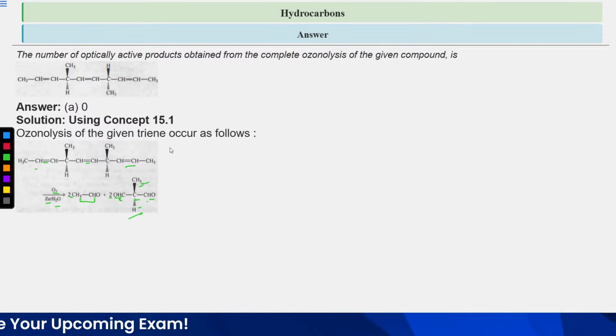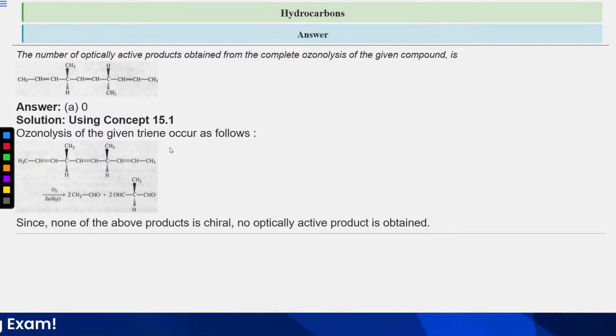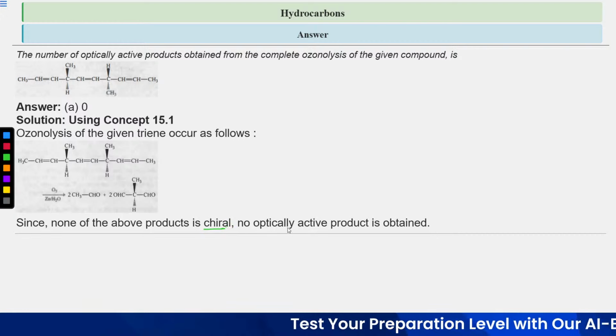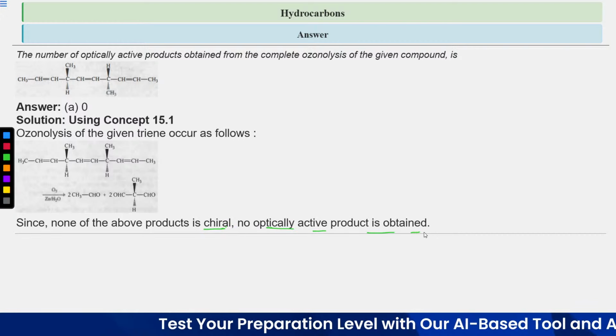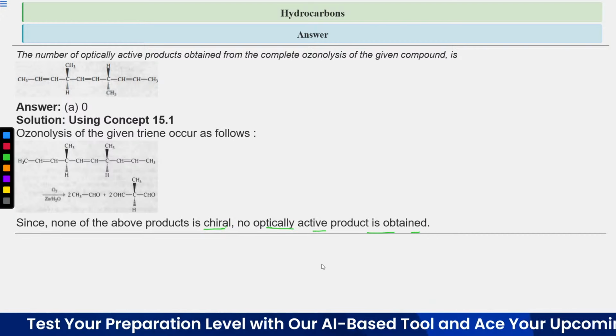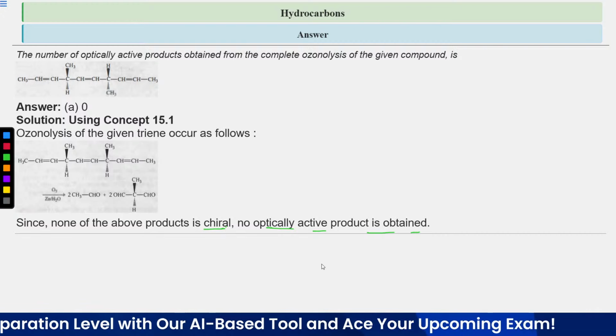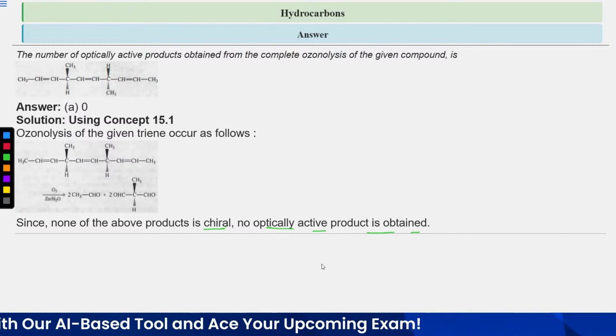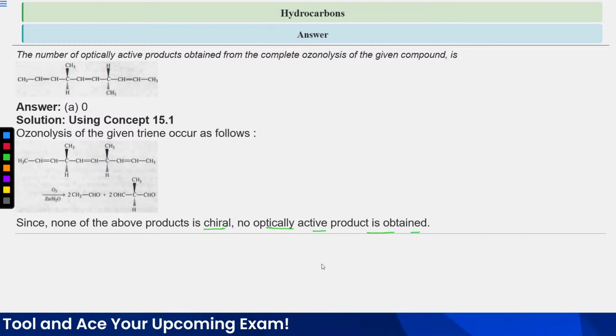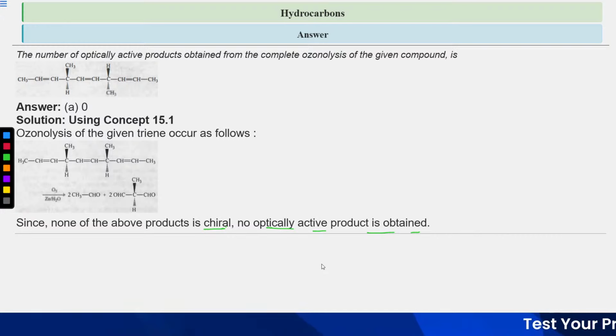Since none of the above products is chiral, no optically active product is obtained. We have to find the number of optically active compounds in the products. If you see the products, there are two molecules of this one and two molecules of this one, but in the two molecules of ethyl aldehyde none is chiral.